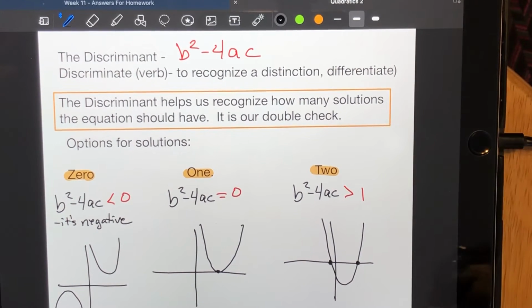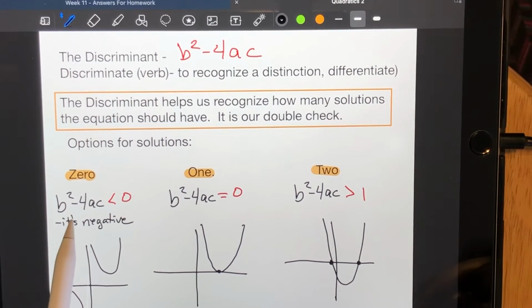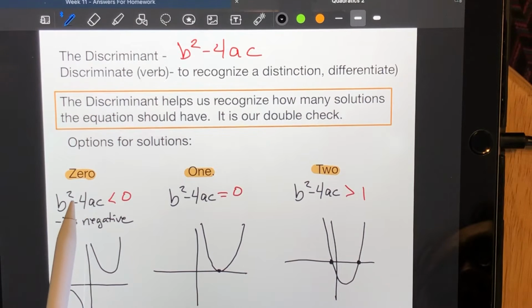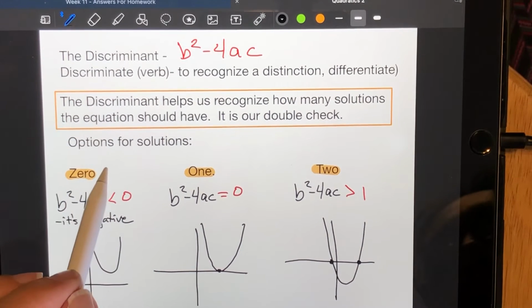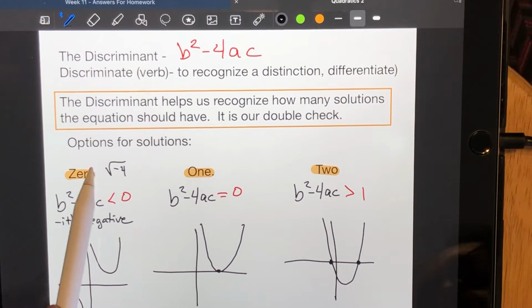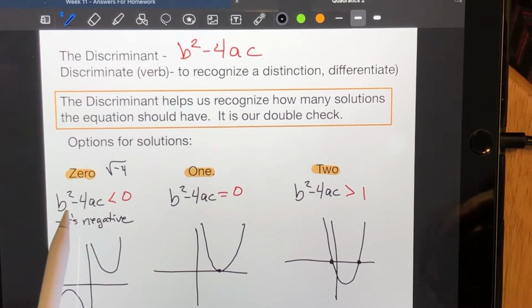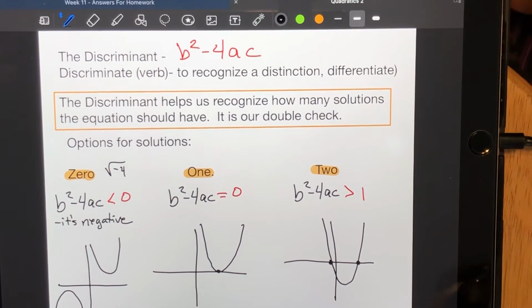So to think about it, if your discriminant is less than 0, if your discriminant is negative, say negative 4, that means that there are no solutions. That means your graph never crosses the x-axis. It is either fully above the x-axis or fully below the x-axis.